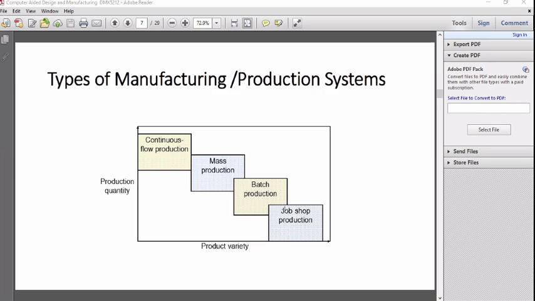The first one is job shop production, where product variety is high. According to production quantity, in mass production we will produce a lot of pieces, so in this production type there are fewer varieties, maybe only one type of part.